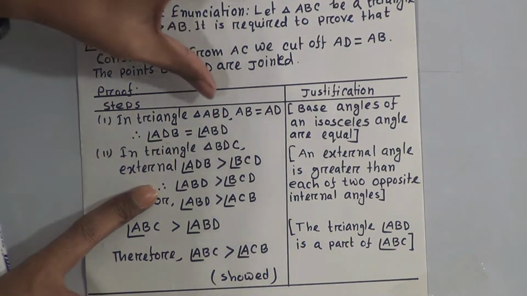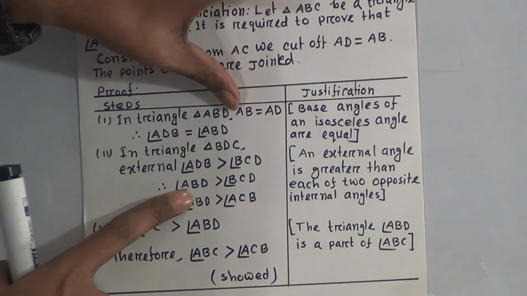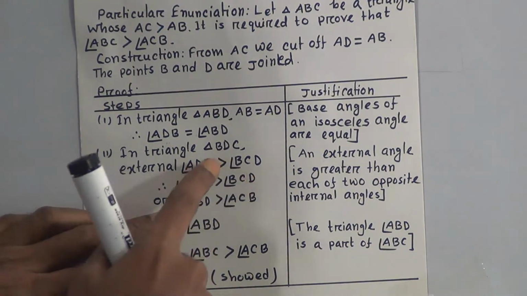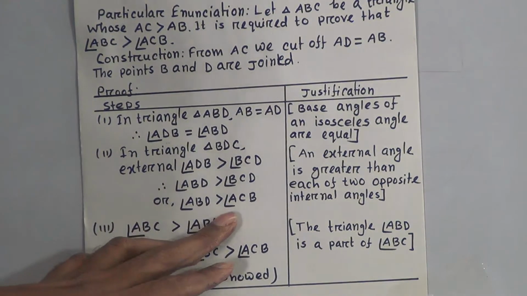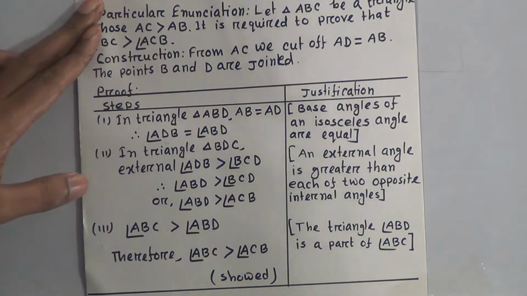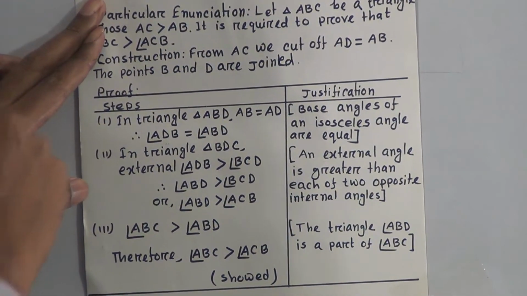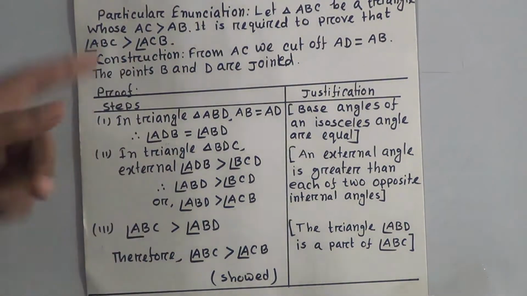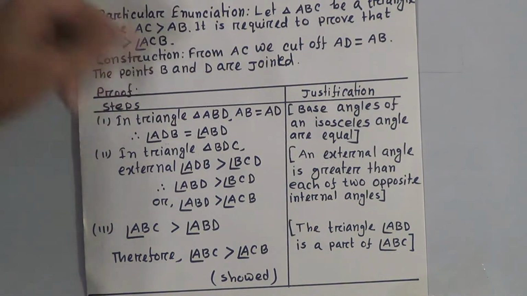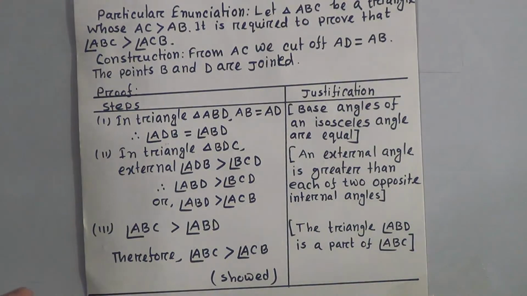ADB equal to ABD, we have got. Put it now: BCD equal to what? BCD equal to ACB. You see, BCD and ACB are the same angle, so they are equal.